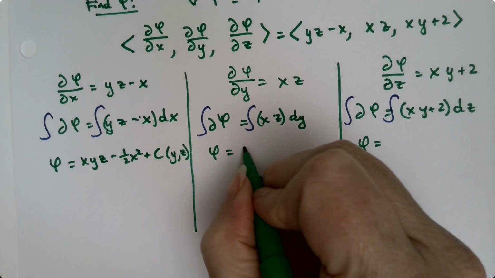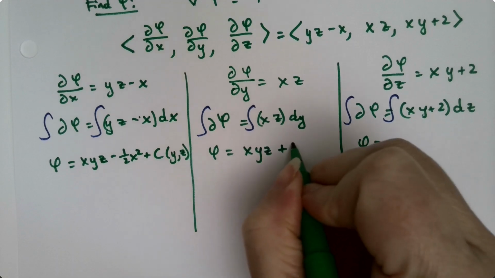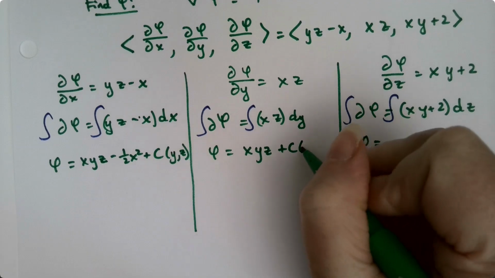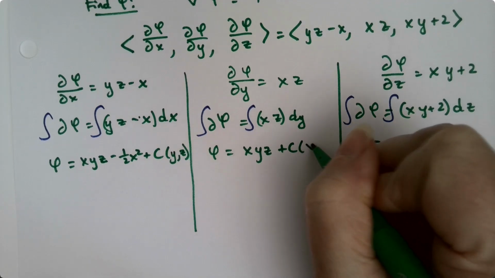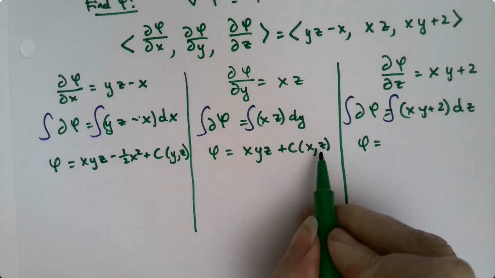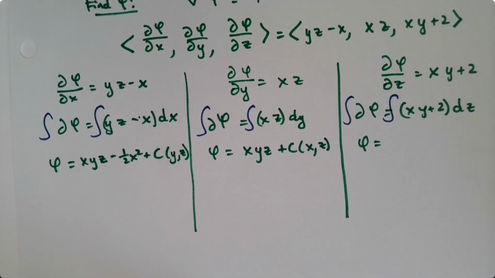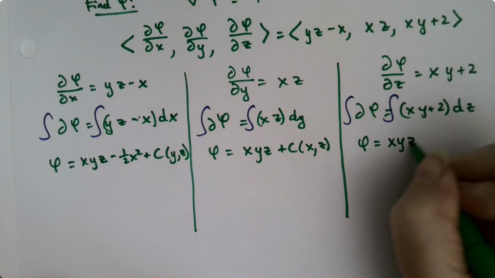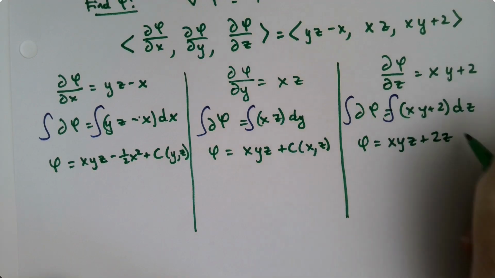This one will just be xyz plus some function of x and z. It's just that x and z were considered constants as far as y was concerned. And then this one will be xyz plus 2z plus some function of, we were doing with respect to z here, so x and y.